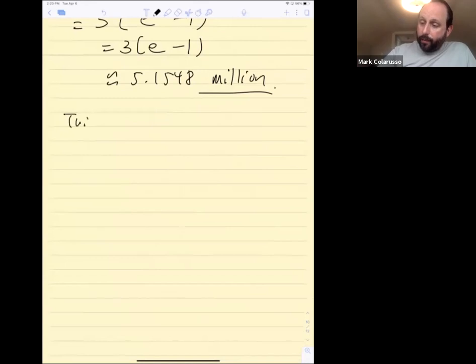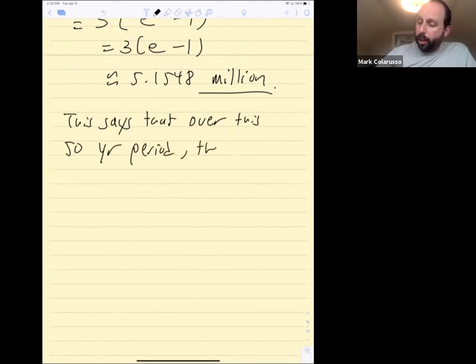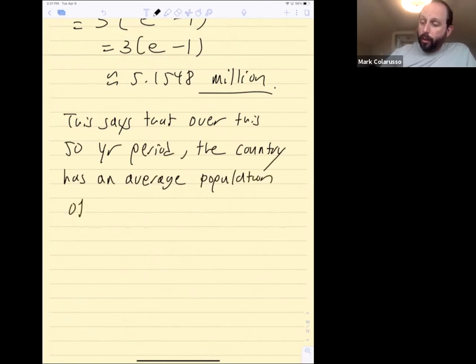This says that over this 50-year period, the country has an average population of 5.1548 million.